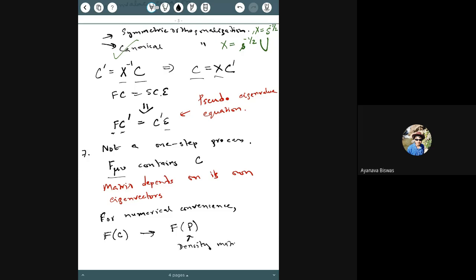You will normally just hear people referring to it as the density matrix, but very specifically it is the charge density matrix. And P is basically C star C. This is the numerical convenience.